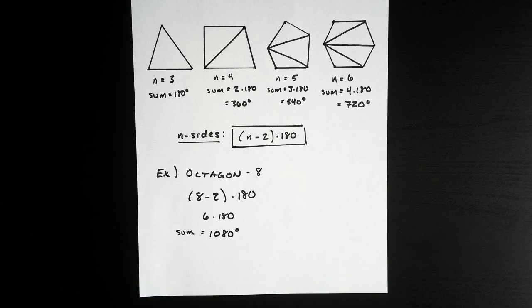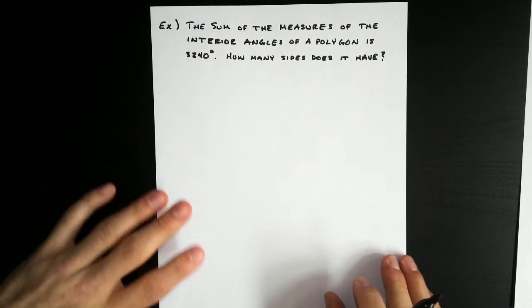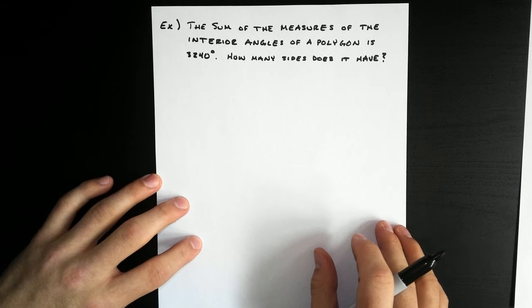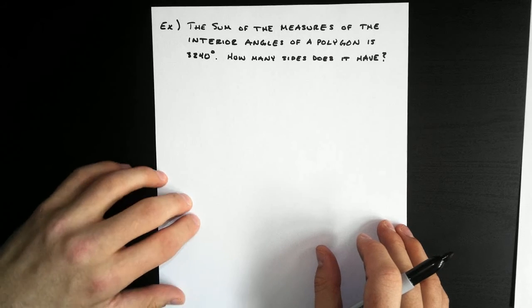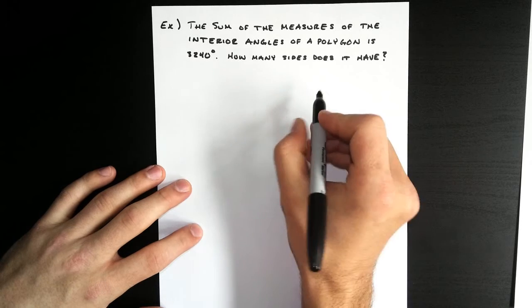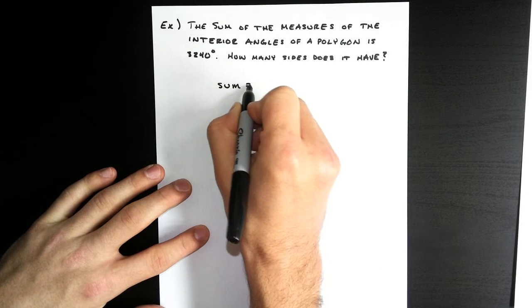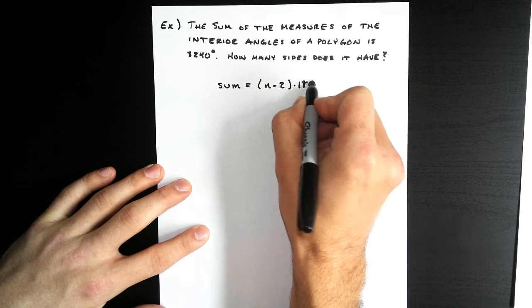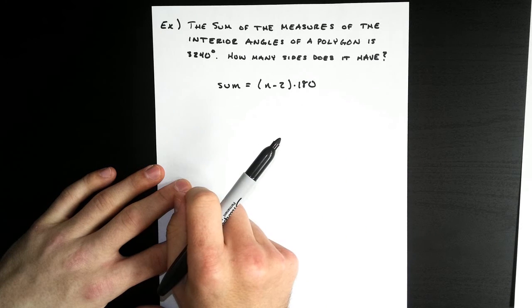Now, this little formula can be used to go backwards as well. So let's finish up with this example. It says the sum of the measures of the interior angles of a polygon is 3,240. And then we want to know how many sides it has. So the formula we just justified, we know that the sum is equal to n minus 2 times 180, where n is the number of sides.